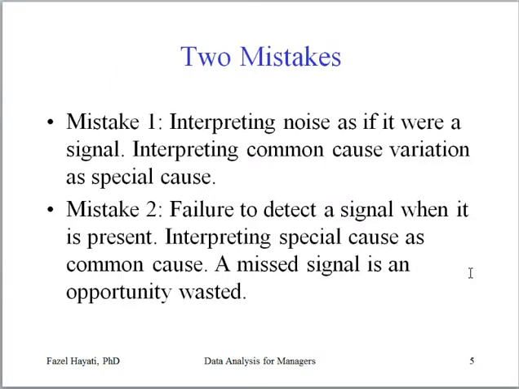The confusion of these two, the predictable and unpredictable, common cause or special cause variation, leads to two very costly mistakes. Mistake 1: interpreting noise as if it were a signal, interpreting common cause variation as special cause.